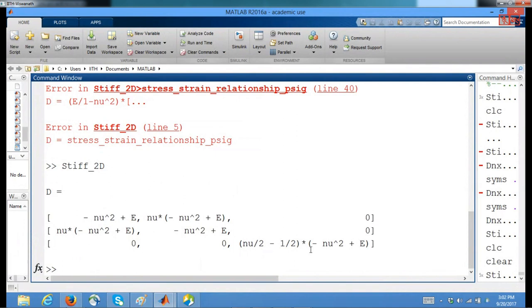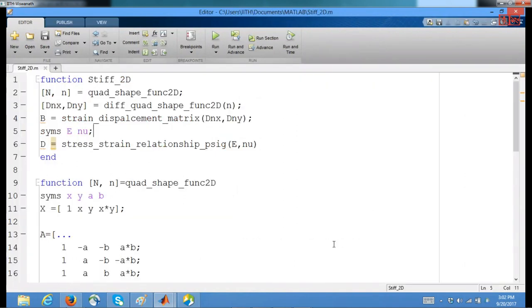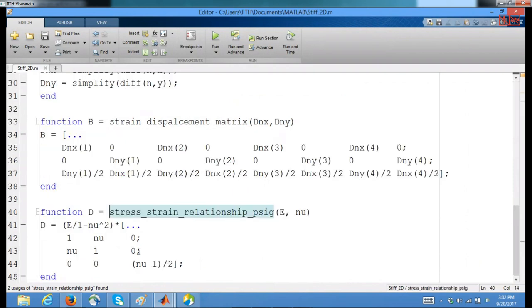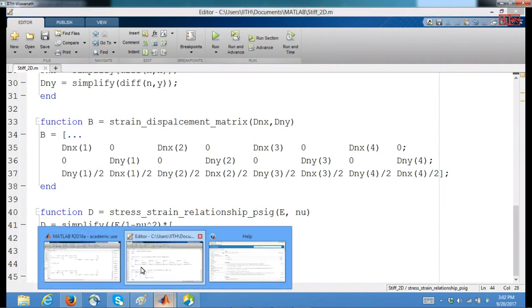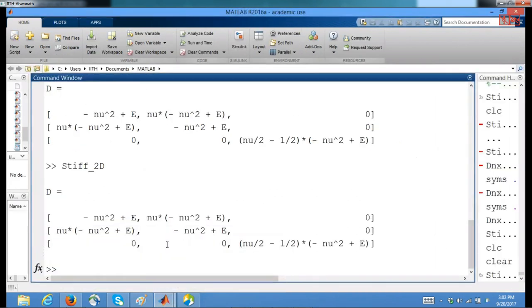Otherwise, it is the same as what we have written.